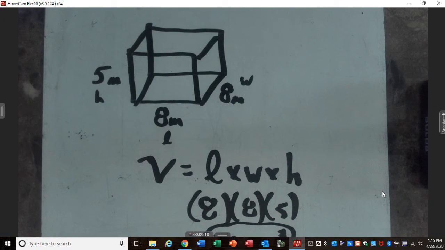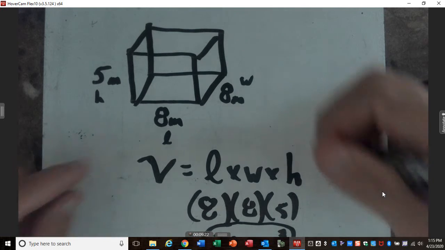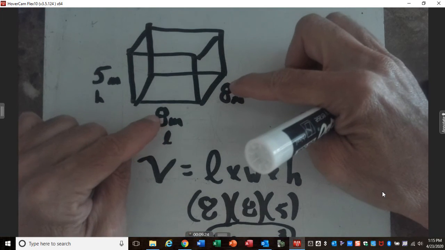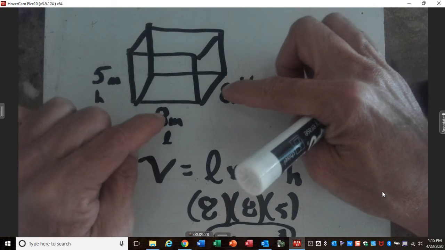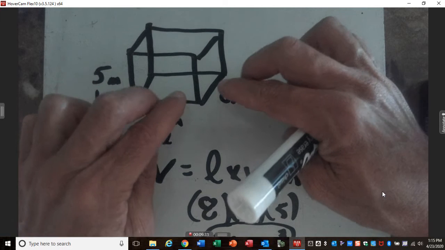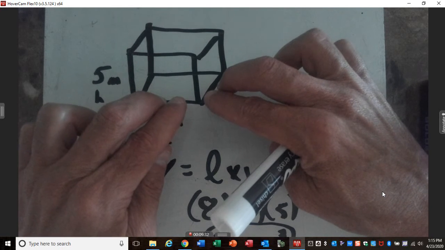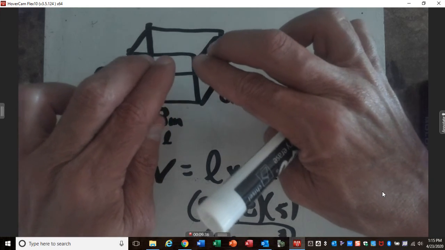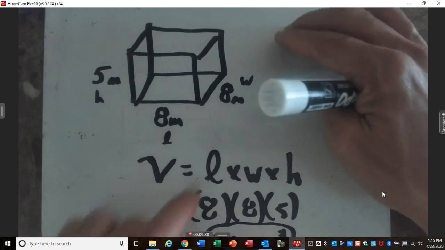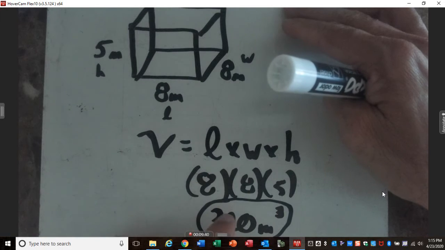If you really think about it, if you can picture this, if you take 8 times 8, which is 64, that's the volume of the base. 8 times 8 is 64. Well, if you take 64 and you go 5 times, 1, 2, 3, 4, 5, because 5 is the height, we're taking 64 times 5 and getting 320.